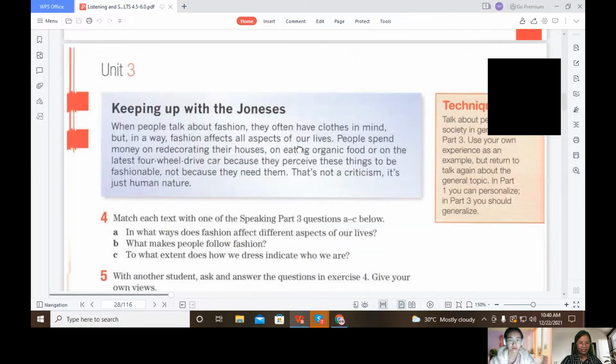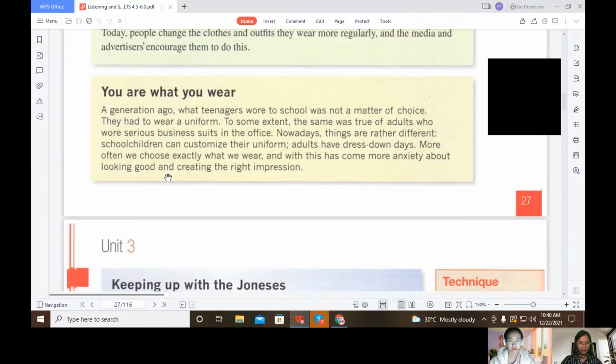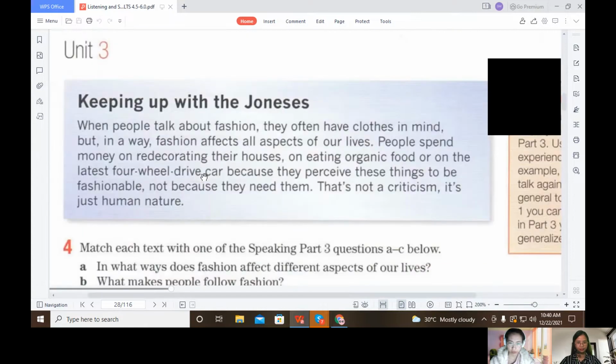Okay, let's have the third paragraph. Keeping up with the... I don't know how to say the name. Joneses? I think that's the last name of a certain person.